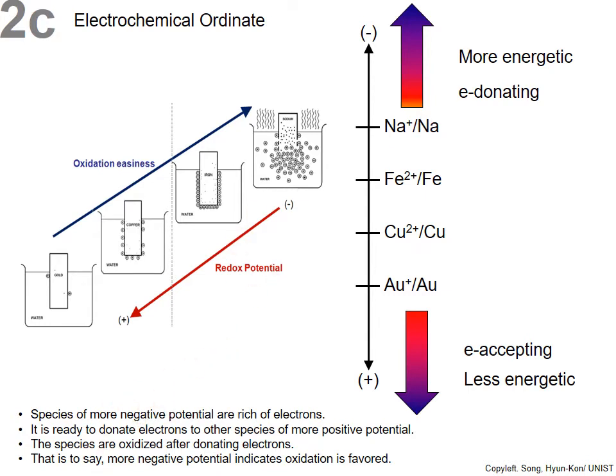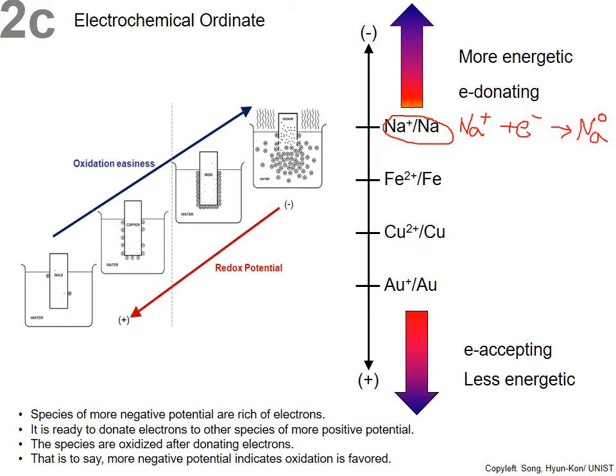Let me change the laser pointer to a pen. Sodium plus and sodium means sodium plus plus an electron is going to sodium 0.